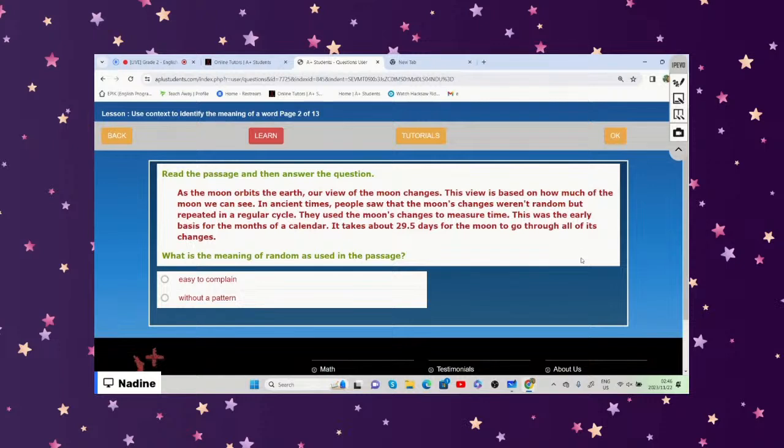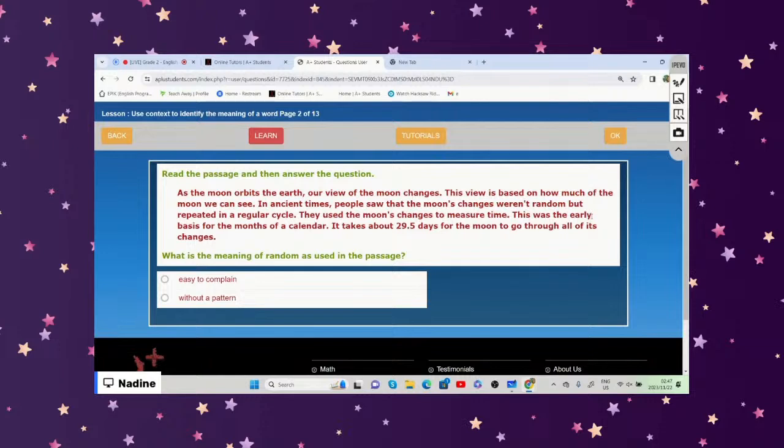They used the moon's changes to measure time, and this was the early basis for the months of a calendar. And it takes about 29.5 days for the moon to go through all of its changes. So, what is the meaning of random as used in the passage?